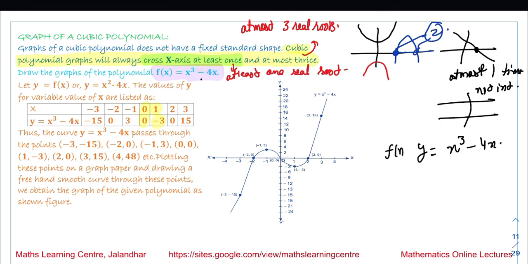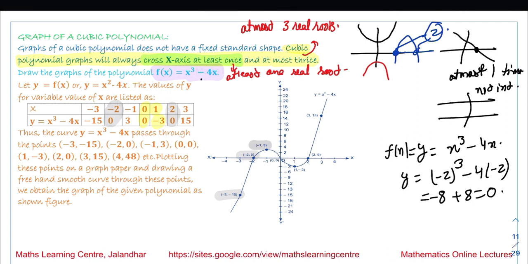At x equal to minus 2, it is minus 2 cube minus 4 into minus 2, so it is minus 8 plus 8, equal to 0. So if we plot all these points, it is minus 3, 15; minus 2, 0; minus 1, 3; then 0, 0; 1, minus 3; 2, 0; 3, 15.